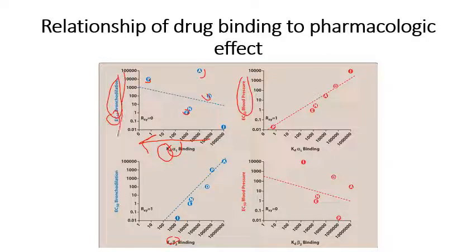A drug with the lowest EC50 value is the more potent drug to produce this physiological response. So in the first figure, in this one, we are going to correlate the affinity of different agonists.